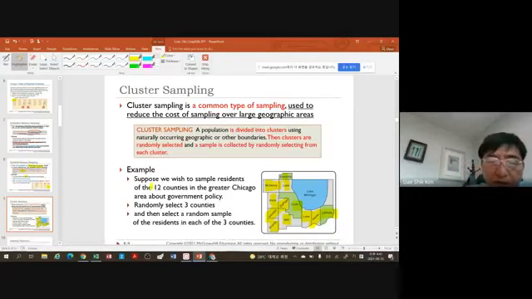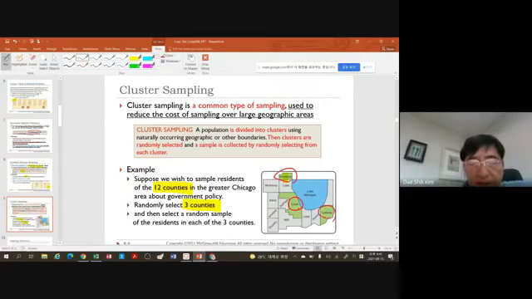For example, Greater Chicago area has 12 counties. Say they have 3 counties only. Close your eyes, they will pick 3, like Kenosha, Cook, Lake, and then pick simple random samples in each of the 3 counties.